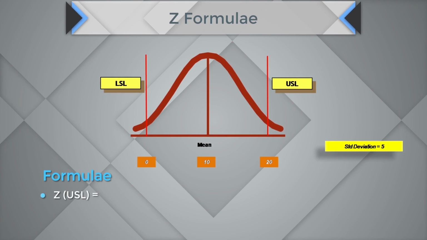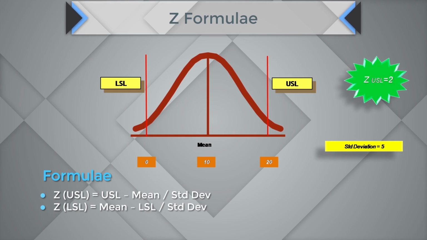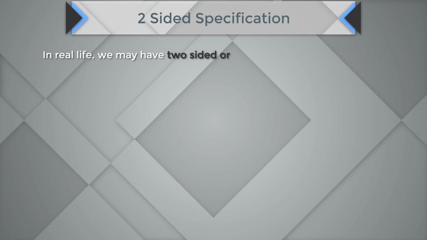Z USL uses the formula of USL minus mean upon standard deviation, while Z LSL uses the formula of mean minus the LSL upon standard deviation, which means 20 minus 10 upon 5, which is 2, and 10 minus 0 upon 5 on the lower side, again equal to 2.